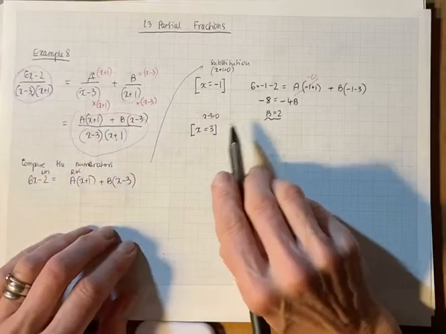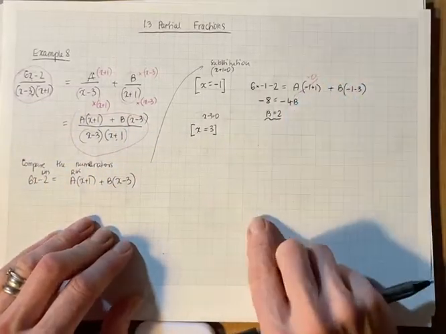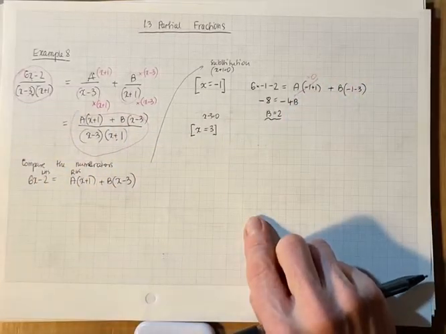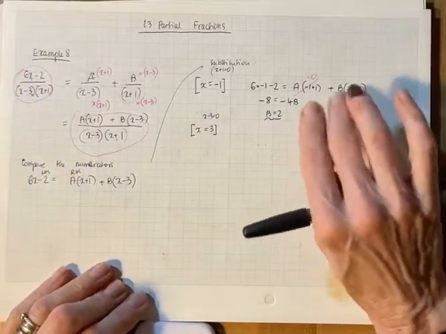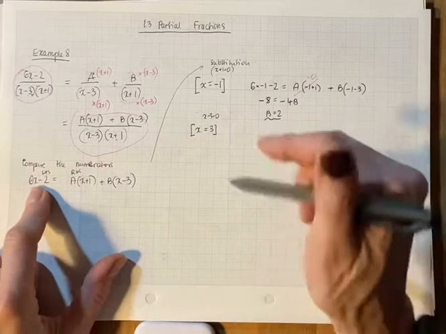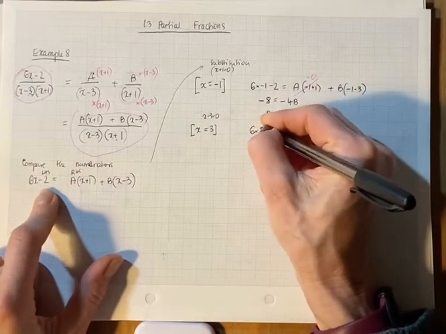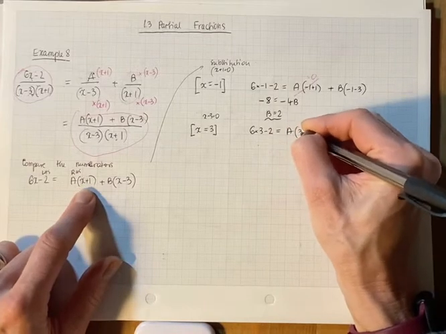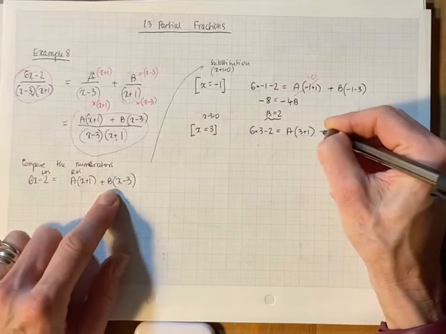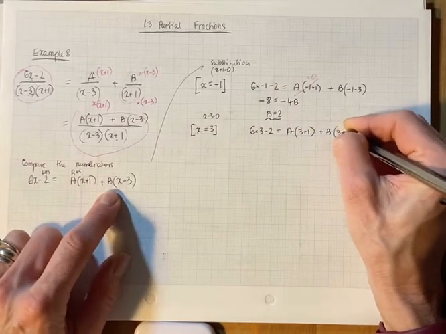The reason we do it is so you can have a quicker way of finding the answers for A and B, because you will make effectively 0 of one letter plus a combination of the other letter. So this one here, 6 times 3 minus 2 is equal to A times 3 plus 1 plus B, and then 3 minus 3.